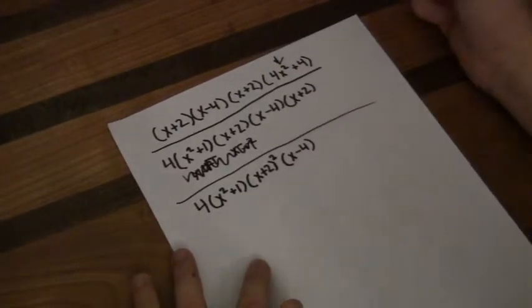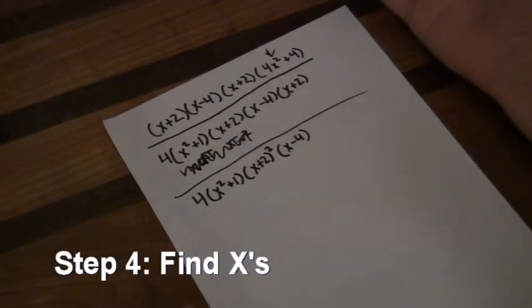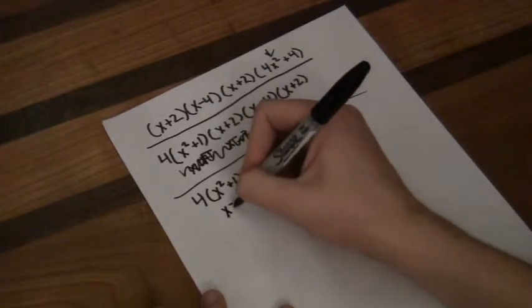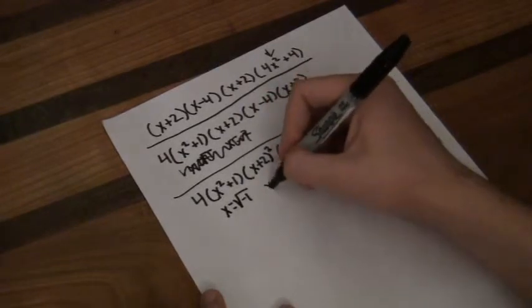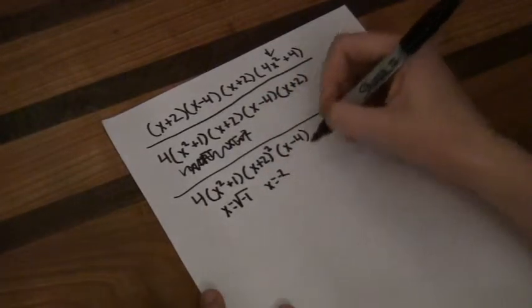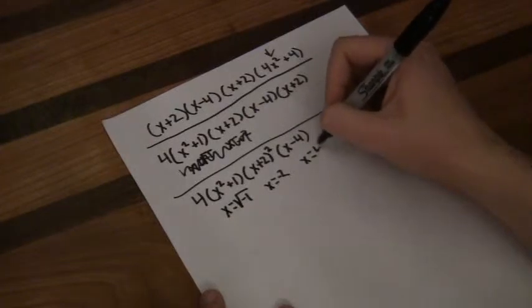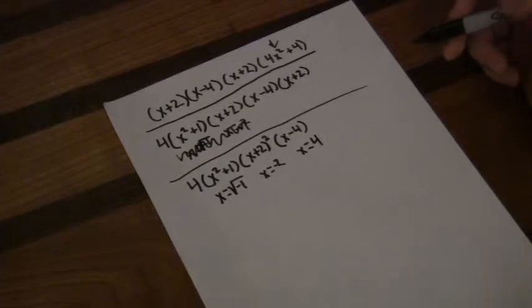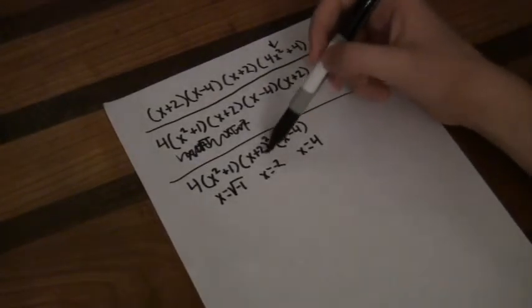So what does that square mean? That just means when we get to the graph, it's going to do something a little different. So x equals square root -1, x equals -2, and x equals 4. Now even though there are 3 x's here, you have to remember there's actually 4 because this is squared.